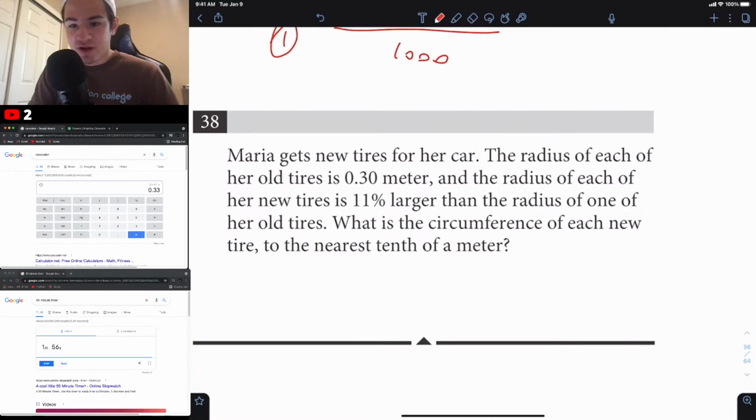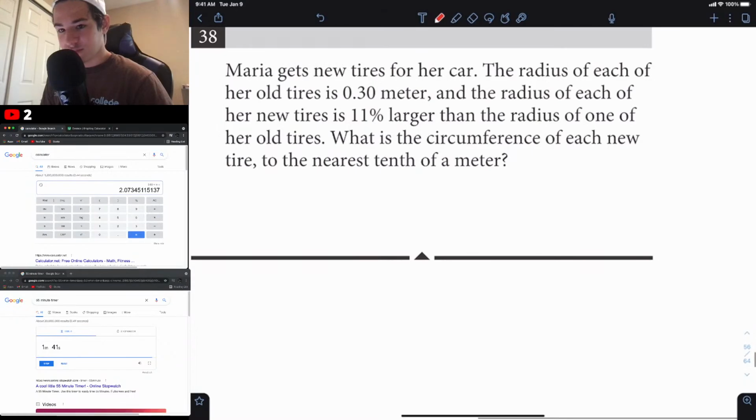So the circumference is pi times the diameter, which is 2 times this radius, which is 0.66. So times pi, and we get about 2.1, to the nearest tenth.